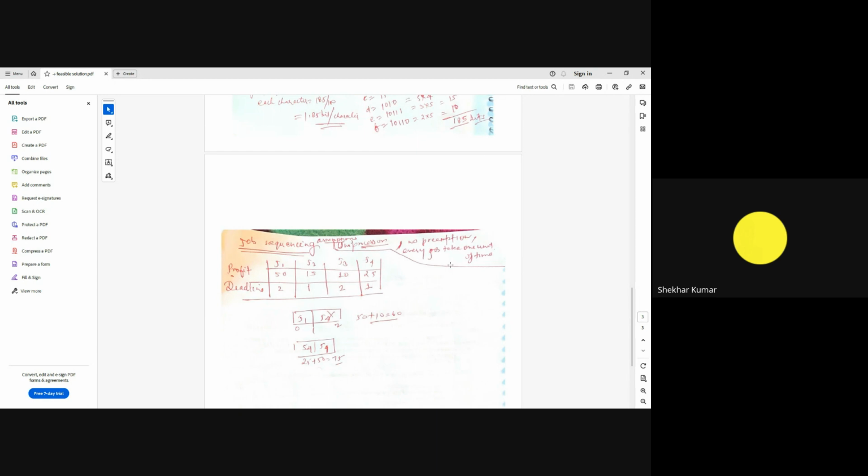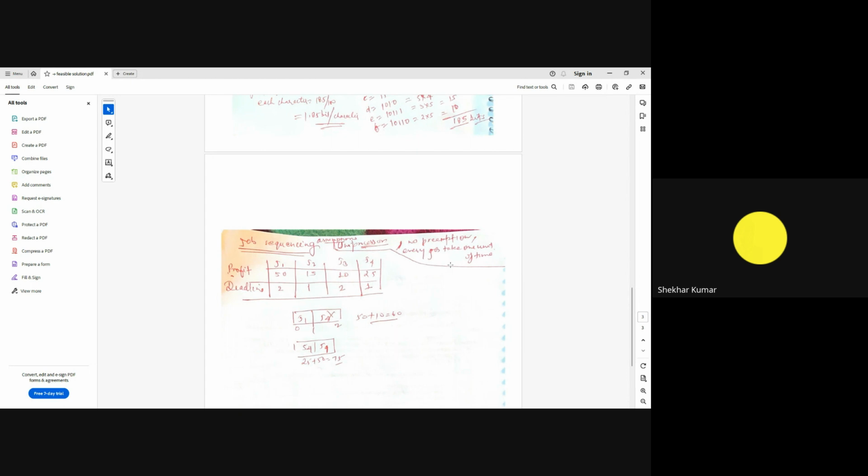Suppose you are a software engineer in a company, and you have different jobs, and every job has a deadline, and within that deadline you have to complete your task by checking what should be the maximum profit. By considering the maximum profit, you have to complete your job within the time.